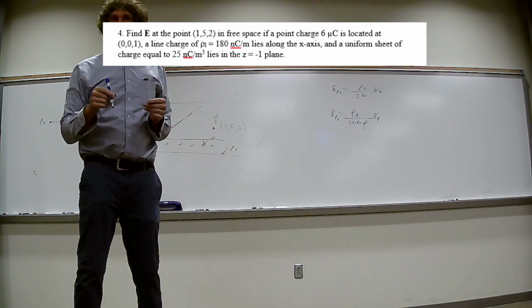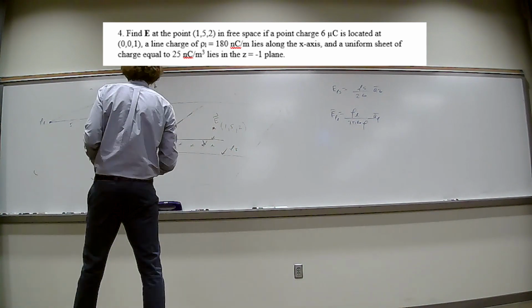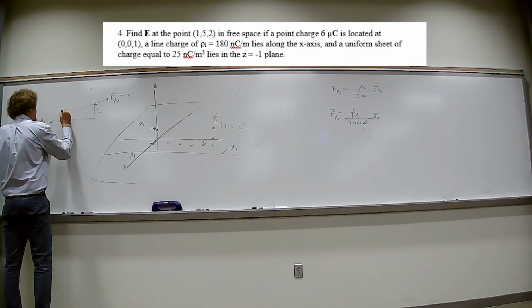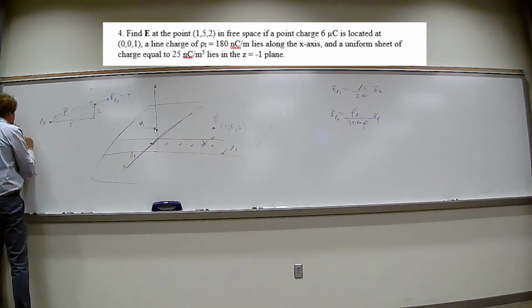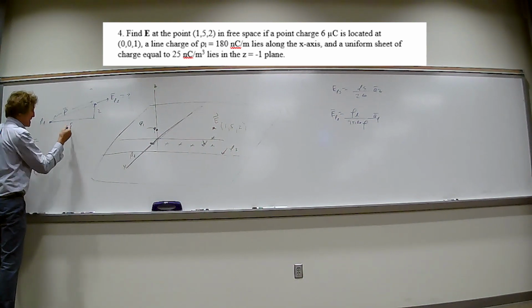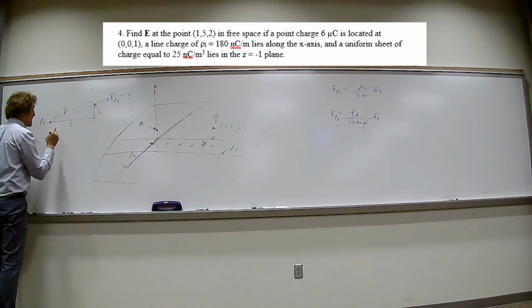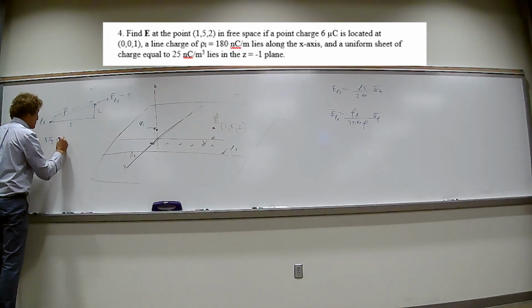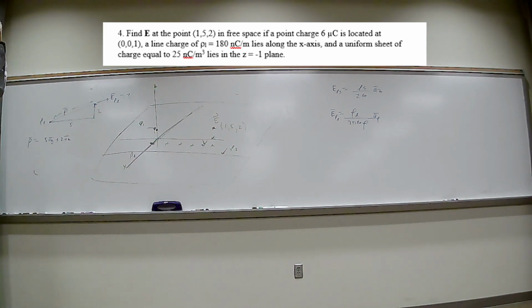Now, what we need to do is get a_rho correctly. First, if I look at this, this would be the rho vector here, right? From here to here. So if I write that, the rho vector would be equal to 5a_y, right? And it's going to be plus 2a_z. Y'all follow me? I'm just putting down what the vector would be from the x-axis to the point of observation of the field. X has nothing to do with it.